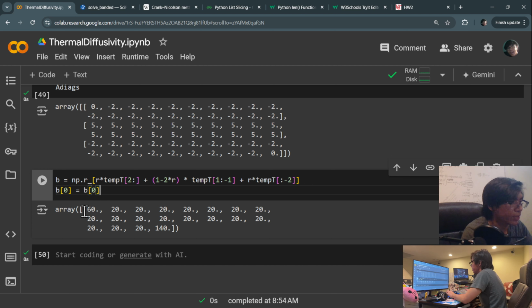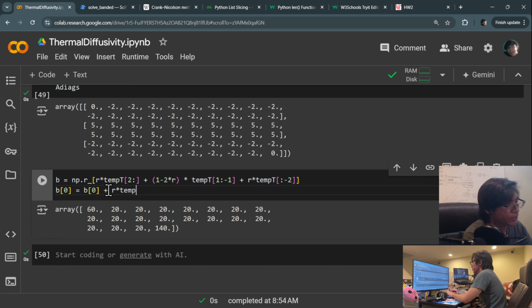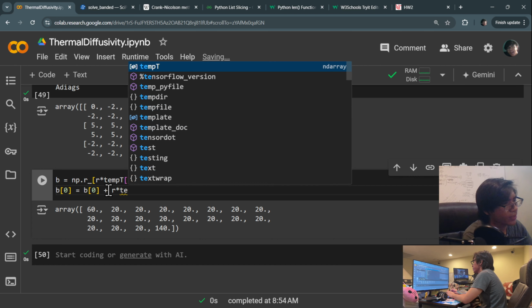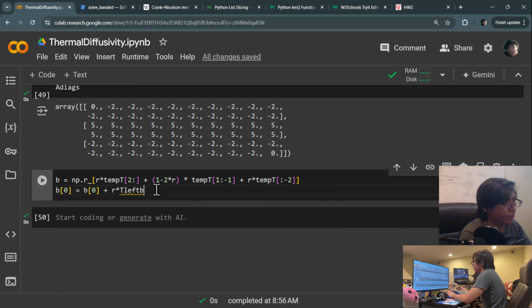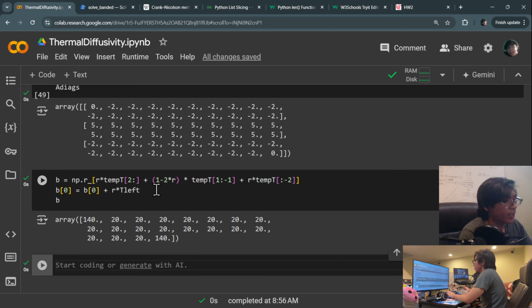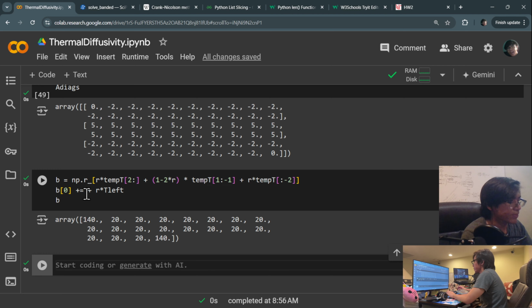So this element, we're going to add in one more time our r times temperature, the left-hand side. So that was 40, and this is the same thing. Let's evaluate this again. So now it's 140. This is actually the same exact thing as if I did the in-place addition, so it just saves extra hassle.